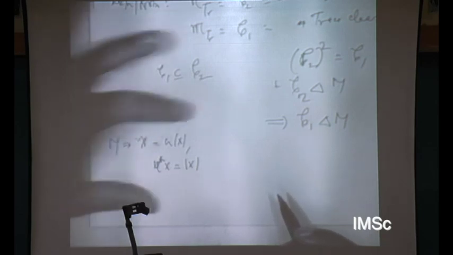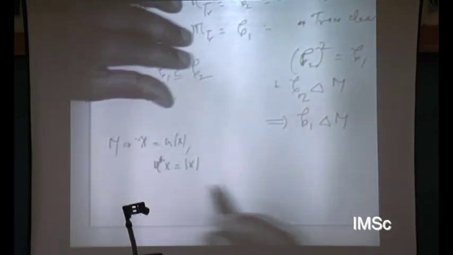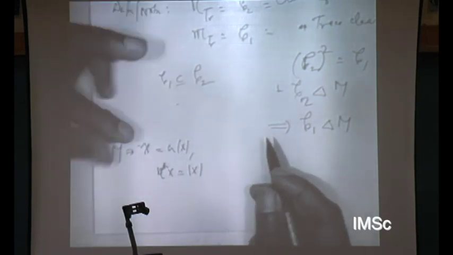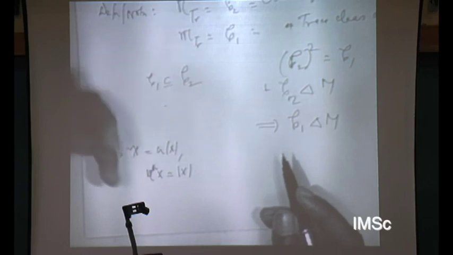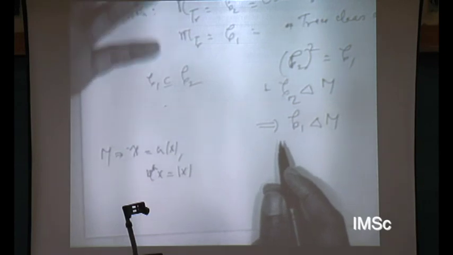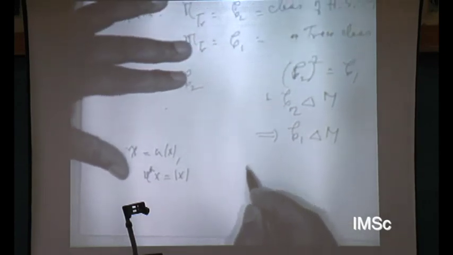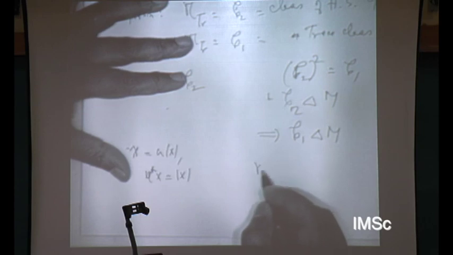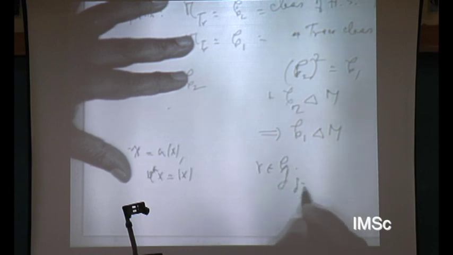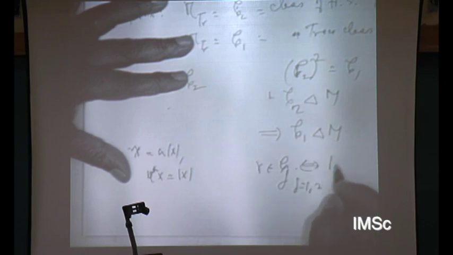So U star U is identity on the range of mod x. So this means that both x and mod x are multiples of one another. So if you take any ideal, x will belong to that ideal if and only if mod x belongs to that ideal. And x in C1 or C2, that is j equal to 1, 2, if and only if mod x is in Cj.